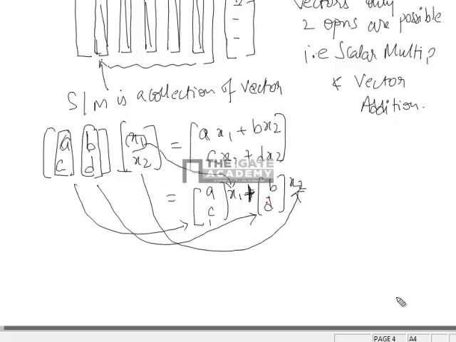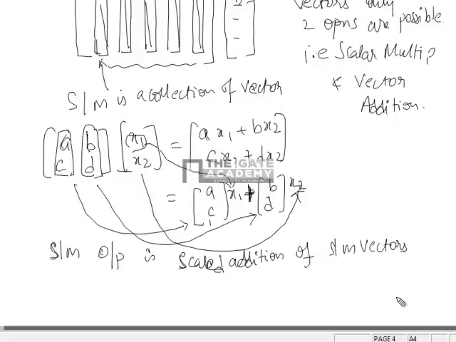So system output is nothing but scaled addition of system vectors. I scale the system vectors, and what is the scaling factor? The scaling factor is given by the input.